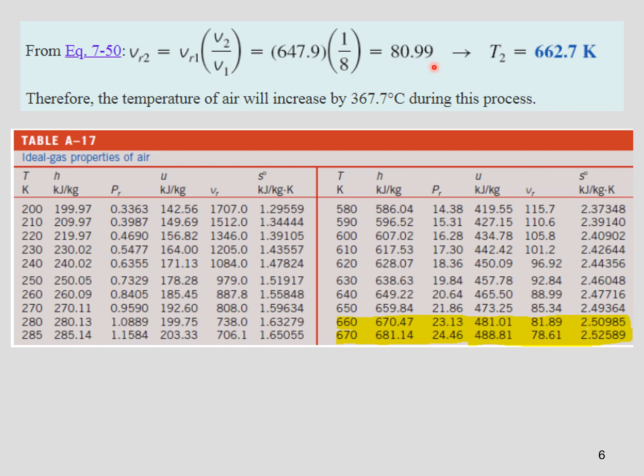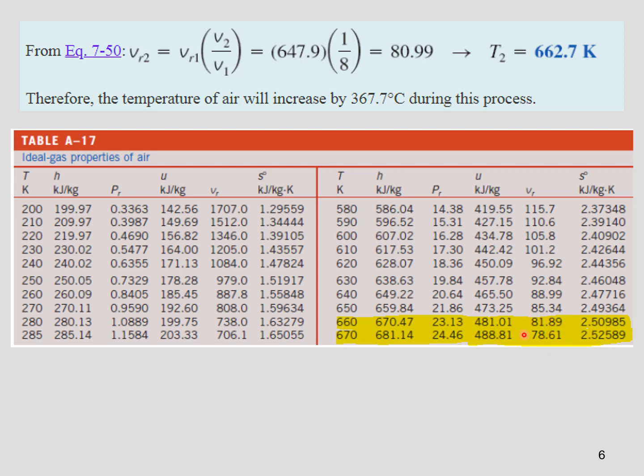If you go back into the tables, this shows more of the ideal gas tables. I only clipped a portion of the table. If you look for a relative volume of 80.99 in this column, it's somewhere between 81.89 and 78.61.